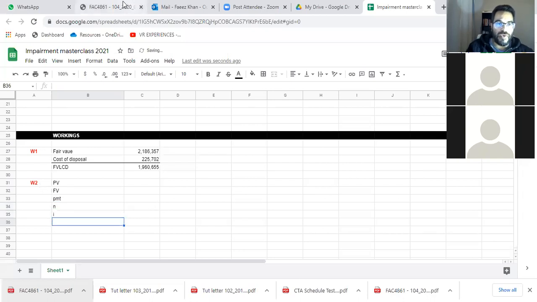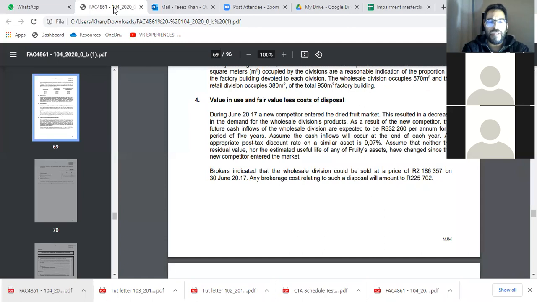If we go to your scenario, they told us in note number 4, the first paragraph, during June 2017, a new competitor entered the dry food market. This resulted in a decrease in the demand for the wholesale division's products. As a result, the future cash inflows of the wholesale division are expected to be 632 per annum for a period of 5 years.